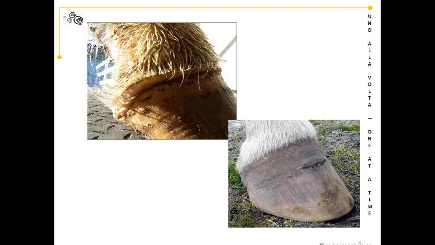So what you see here is an abscess on the left top picture that has come out the coronary band in a rather vile and big way. This is all split open. But that's how far it goes. It stops right here, and it stops here. The bottom picture is not related, but I want to show you how it happens that sometimes horse owners just say, wow, there was all of a sudden an abscess hole in the wall.